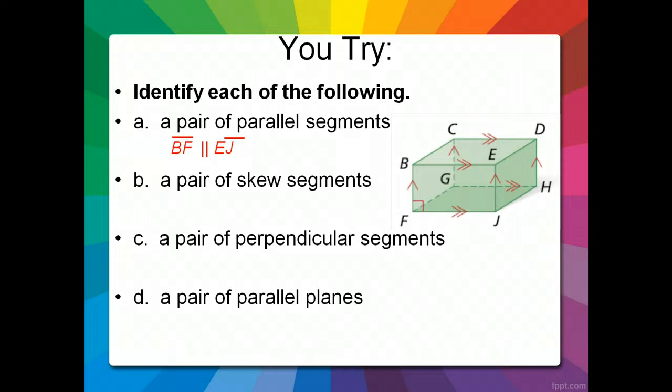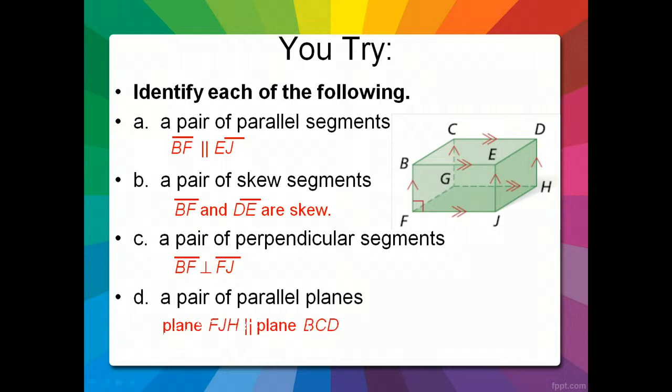A pair of skew segments might be BF and DE. A pair of perpendicular segments, you might have said BF and FJ, where we have the right angle mark made. And a pair of parallel planes, you might have chosen FJH and BCD.